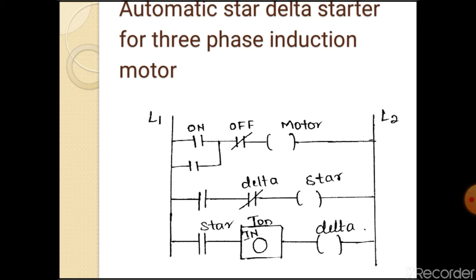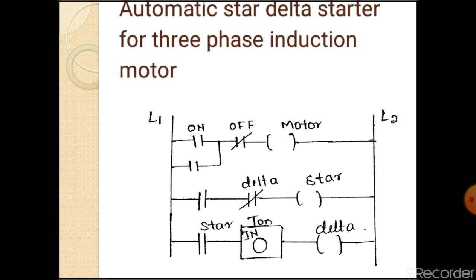When the start push button is pressed, the star contactor coil S, the main contactor coil and the timer coil get energized. The motor runs in star and the connection continues till the timer operates after a preset time of 10 seconds. When the motor picks up its normal speed, say in 10 seconds, the time delay contact will get open and de-energize the star.